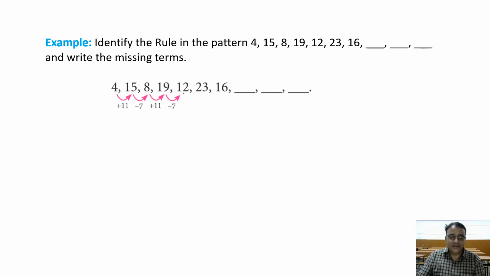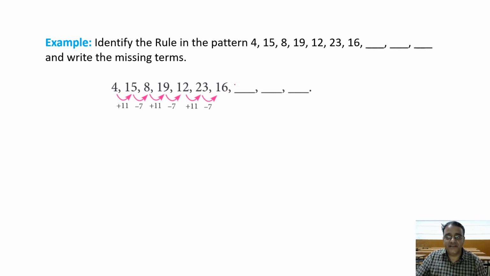So that means add 11 to one term and subtract 7 from the next term. Then you are getting the numbers. फिर plus 11, -7. Same rule we will identify for the next 3 terms.